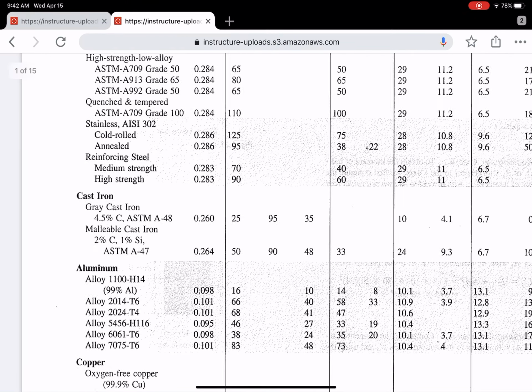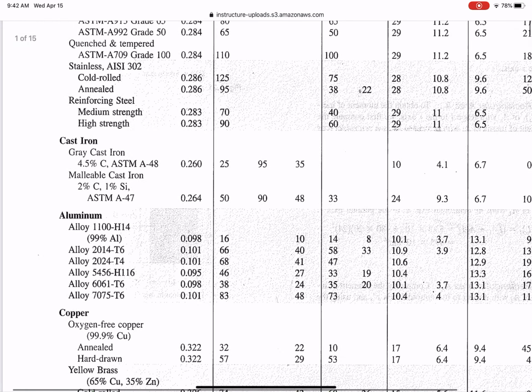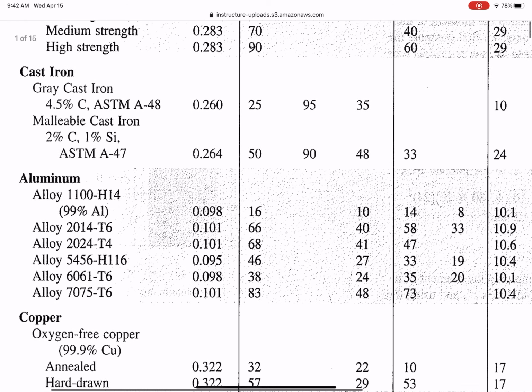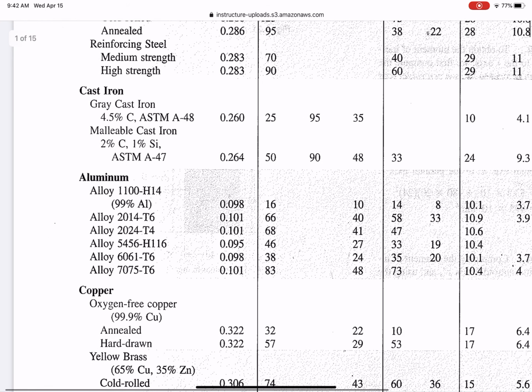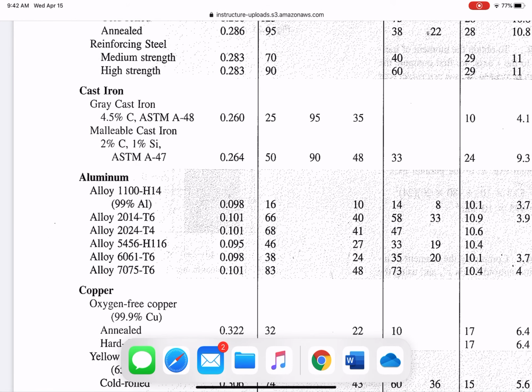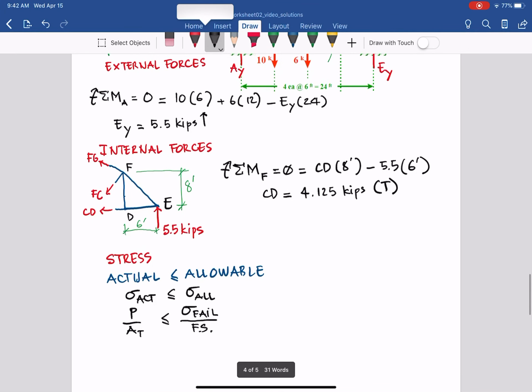And in this case, normal stress, you see the yield strength for that is 58 here for aluminum alloy 2014, 58 KSI. See that one? So even if they don't give us the number, we can go back to the table to find that out.